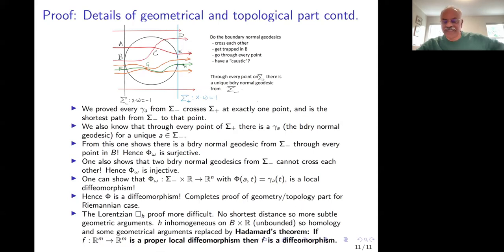It's a very surprising result. It's an old result that being a local diffeomorphism and proper is good enough to prove injectivity and surjectivity. So we have to replace the homology argument by this argument, and do more subtle things for the Lorentzian case.